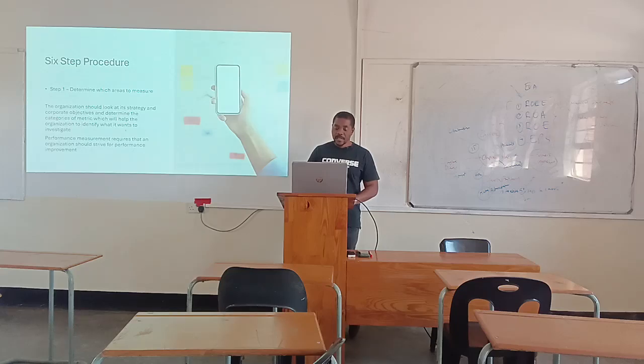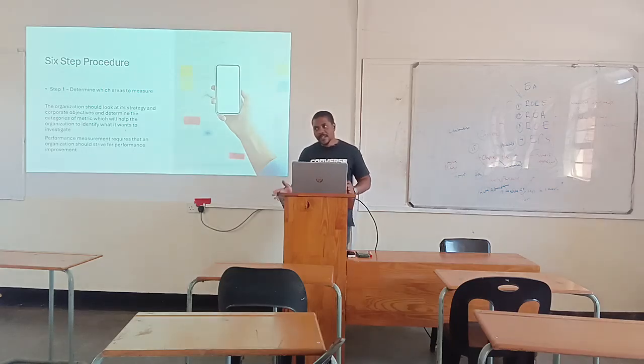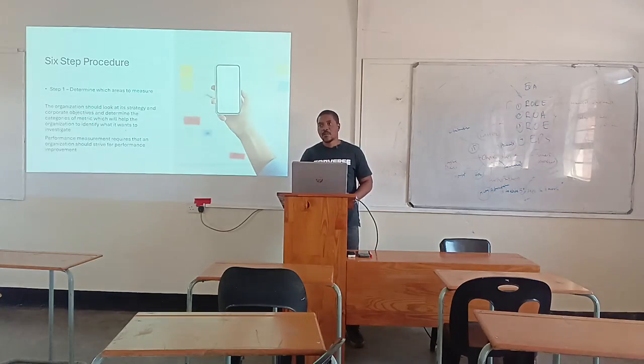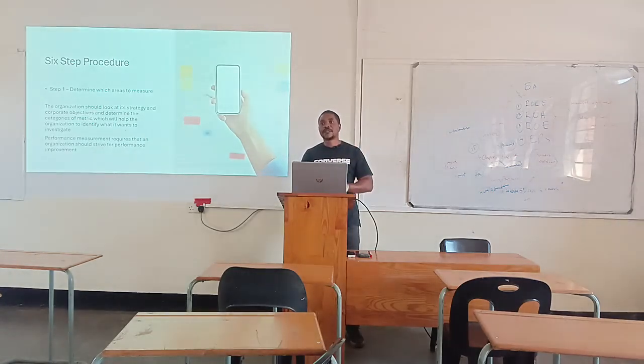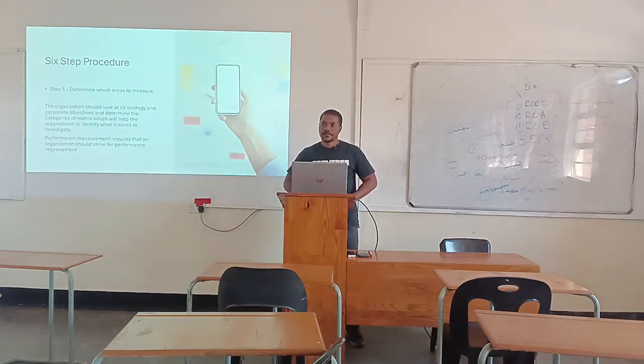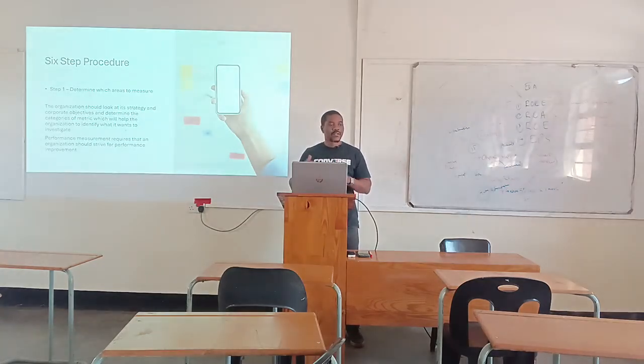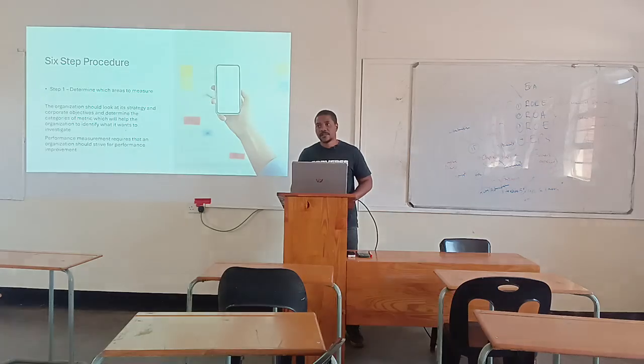And there has to be a sound judgment on which specific areas. One of the problems, if you notice in our outline, one of the problems we said, okay, we haven't gone there yet, but is to outline problems with performance measures. And one of the problems is failure to identify the areas to measure. When you fail to identify the appropriate areas to measure, you have the wrong results. You're putting the wrong effort. You're wasting time and resources.